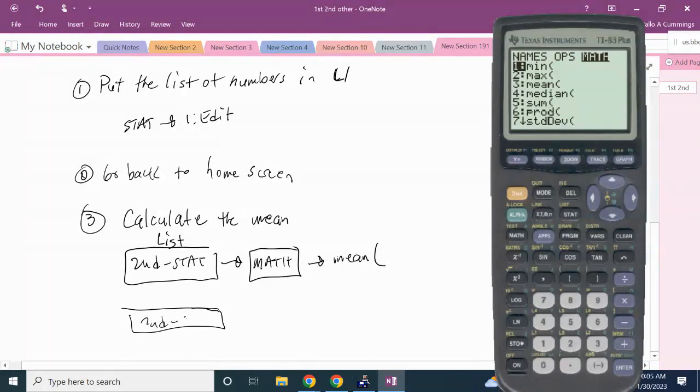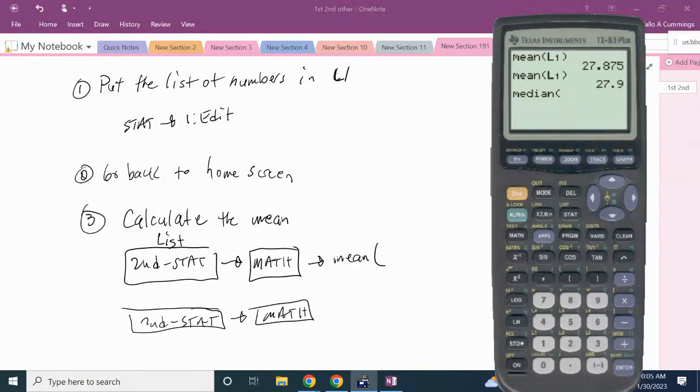That's second stat, math, and you see there's a median. If I hit enter and put in list 1, I get 28. That's the median.